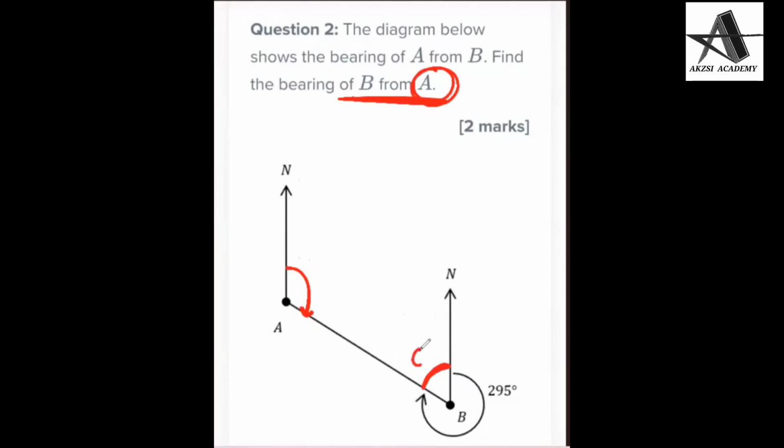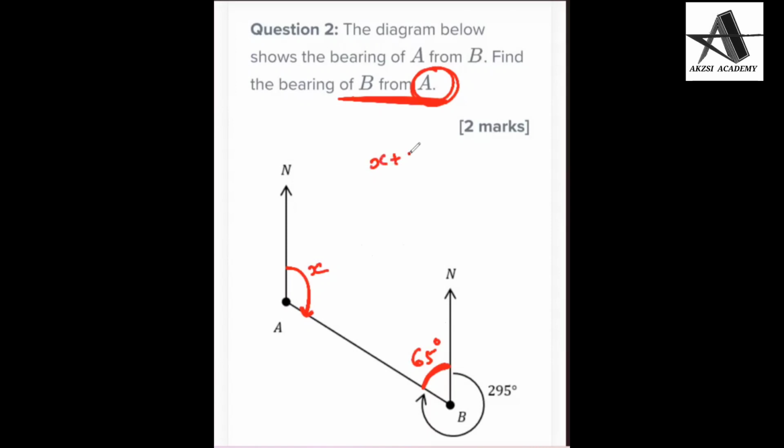See, this is 65 degrees, and this is the reason in the last question I said you should know the basic properties of parallel lines. These two are known as interior angles. If these two are interior angles, they always add up to 180 degrees. Let's say this is x.